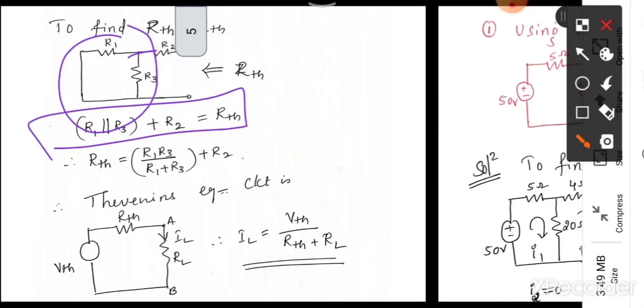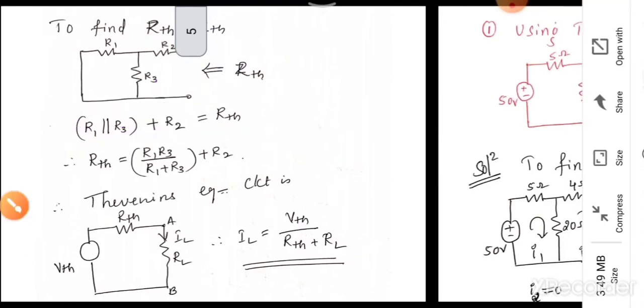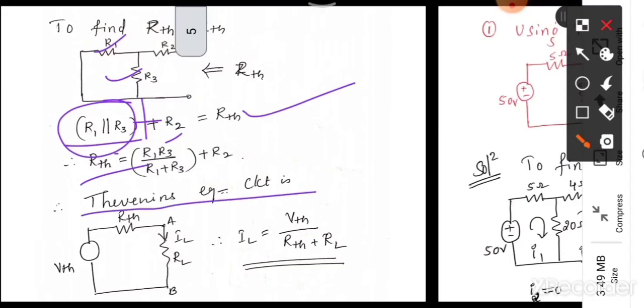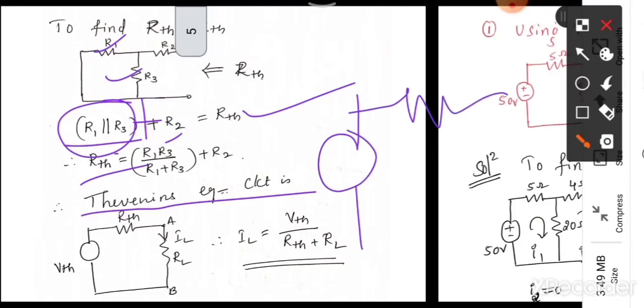Therefore what we can write is R1 and R3 are in parallel, plus whatever result comes, that will be in series with the R2, that is equal to your RTH. So write RTH properly. RTH is equal to R1 R3, parallel formula, R1 R3 divided by R1 plus R3, plus R2. Okay, Thevenin's equivalent circuit is what? So VTH and RTH.